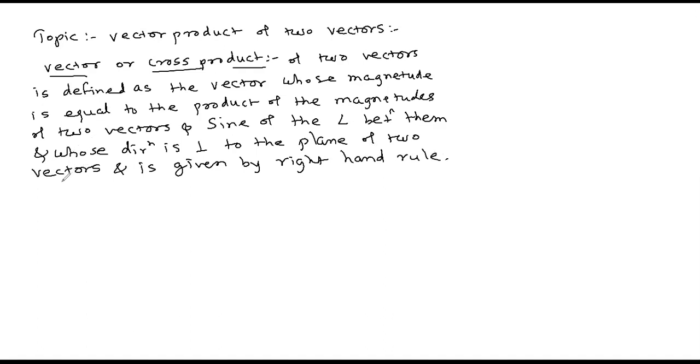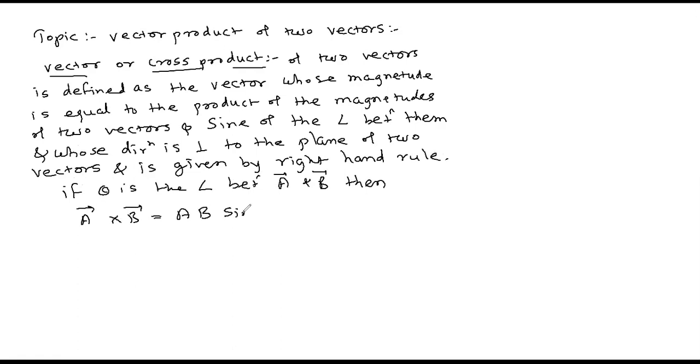So mathematically, if theta is the angle between vector A and vector B, then you can write vector A cross vector B is equal to AB sine theta into unit vector n cap. Now see here, I'll explain with the help of a diagram.